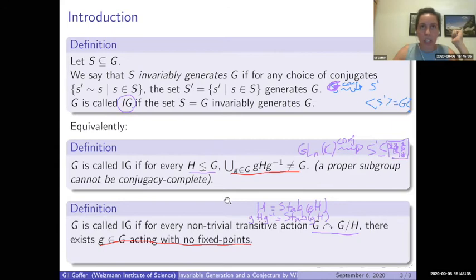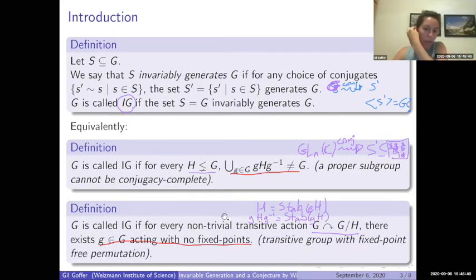The third definition, in words, says that this is a transitive group acting such that there is always a fixed-point-free permutation.